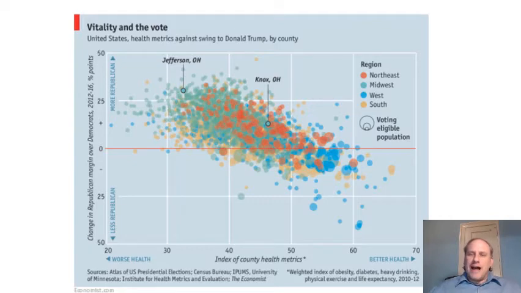What lies behind that might be something like lack of health causing your voting patterns. Now, it's still unclear why lack of health might lead to voting for Donald Trump in 2016, but there are some interesting facts out there.